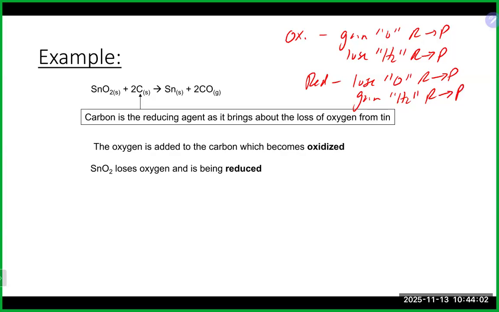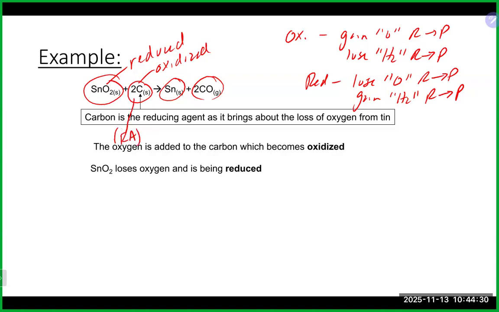So if we take a look at this, we could clearly see, for example, here, the tin has some oxygen on the left, not so much oxygen there on the right. So it is being reduced. The carbon here has no oxygen on the left and gains some oxygen there on the right, which means it is oxidized. And because the carbon here is oxidized, the carbon would be our reducing agent. Because the tin here is being reduced, this would be our oxidizing agent in this particular case.